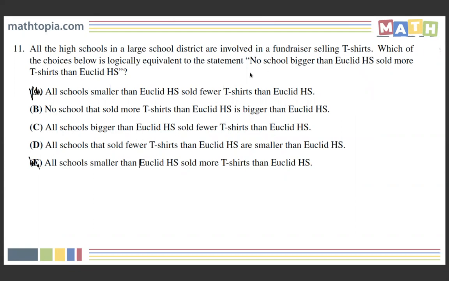The only way a school could disprove this statement is if we had a school that was both bigger than Euclid HS and sold more t-shirts than Euclid HS, because that would violate the fact that no school bigger than Euclid HS sold more t-shirts. And if we look at B, what would violate this statement? Well, it's actually the same thing. It's just a school that both sold more t-shirts than Euclid HS and is bigger than Euclid HS, right?